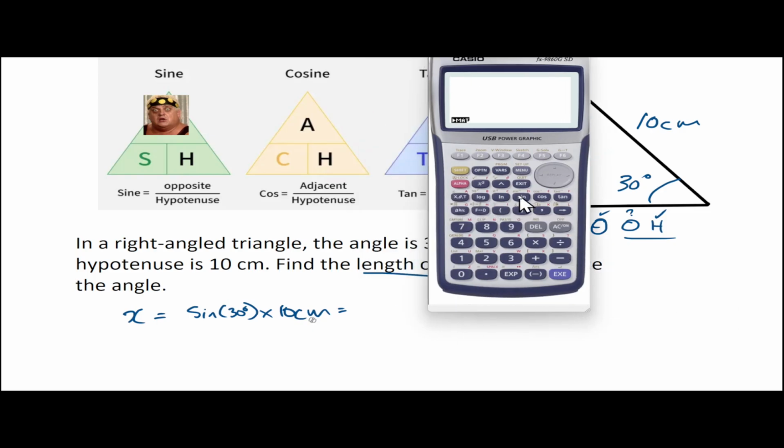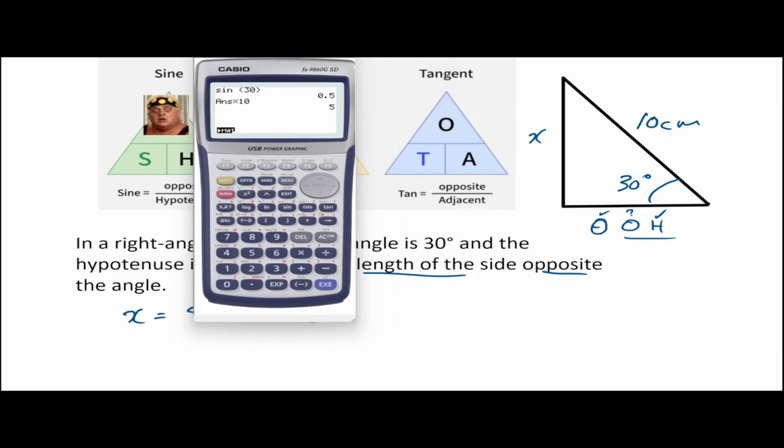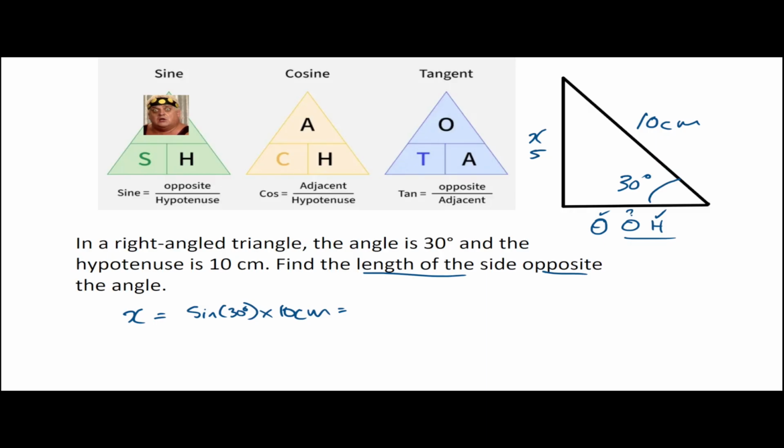So sine of 30 is that, times 10 is that, so this side here is going to be 5. Fantastic. How would we find the adjacent side here? Well, we would probably just use Pythagoras.